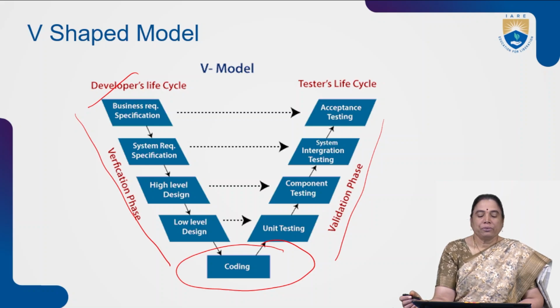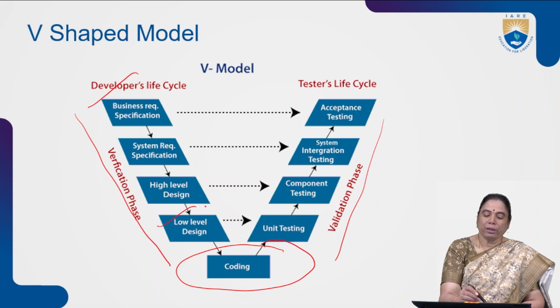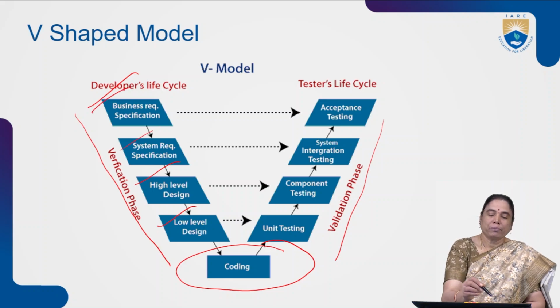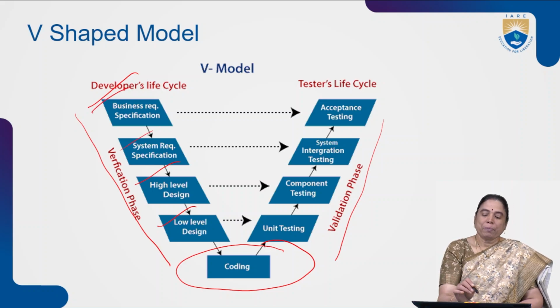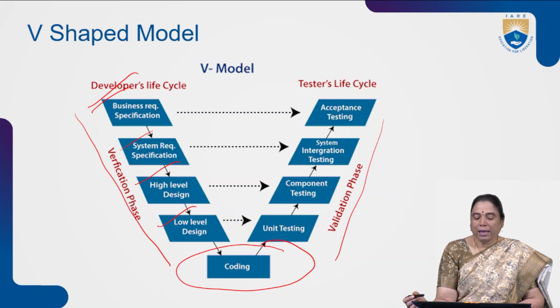In the V-shaped model, the development life cycle is majorly concentrating on low-level design, high-level design, system requirement specification, business requirement specification. The tester life cycle can be carried out parallelly in the V-shaped model.